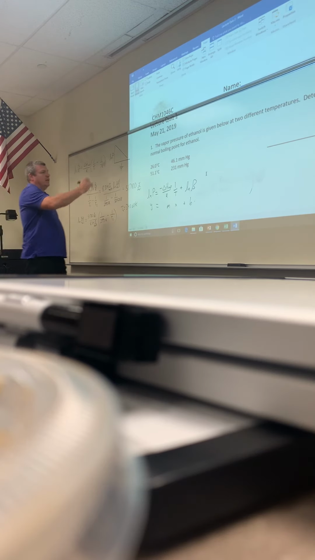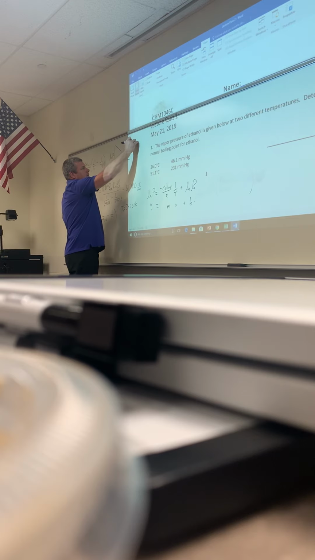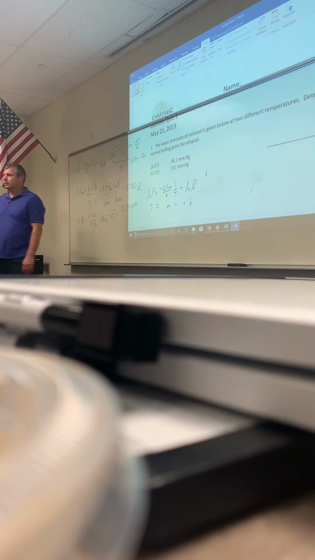The slope of that line is negative delta H over R. So delta H is equal to negative R times m. You multiply the slope of the line with negative R. And that gives you heat of vaporization. Make sense? So things like that, A, could be good multiple choice questions, and B, the next chapter does dozens of those with different forms, so we have to be good at graphical analysis. All of kinetics in chapter 13 will use graphical analysis.